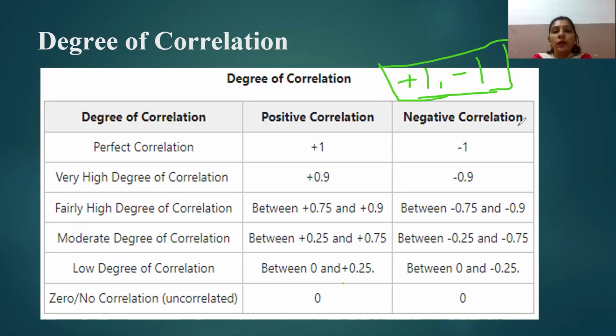If two variables change in the same direction and in the same proportion, then that correlation is said to be perfectly positive correlation.